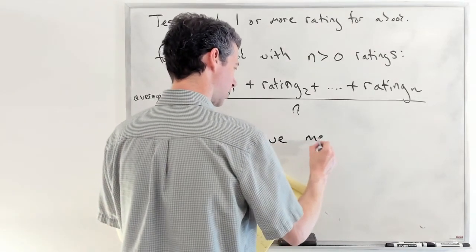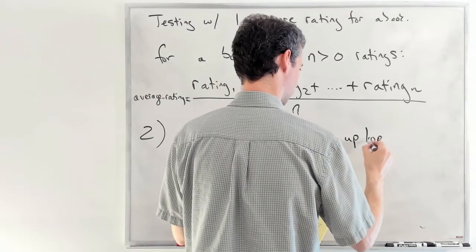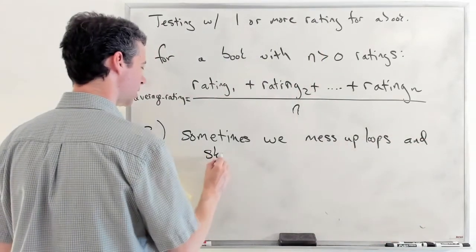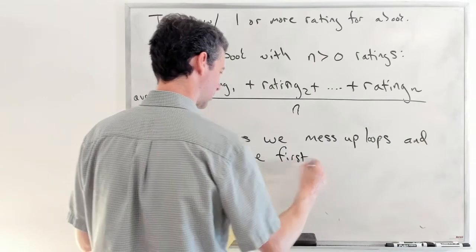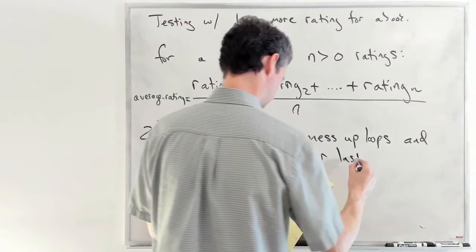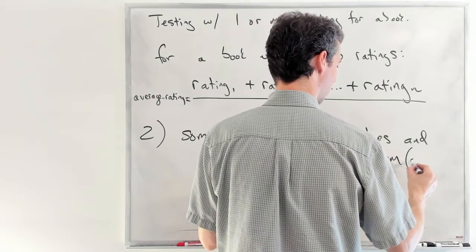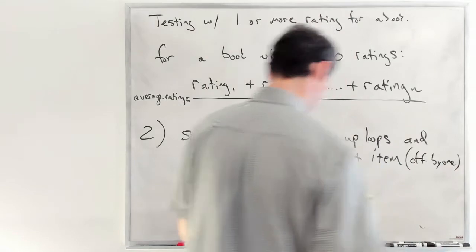Sometimes we mess up loops and we skip the first or last item. This is usually called off by one. There are a lot of off by one mistakes that you can make.